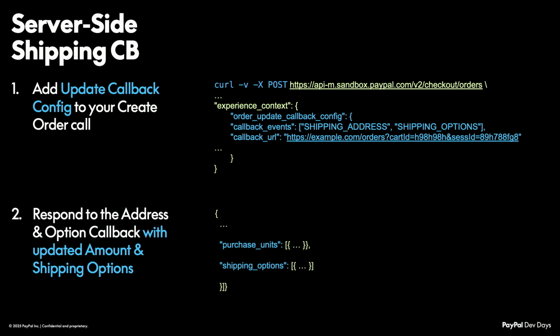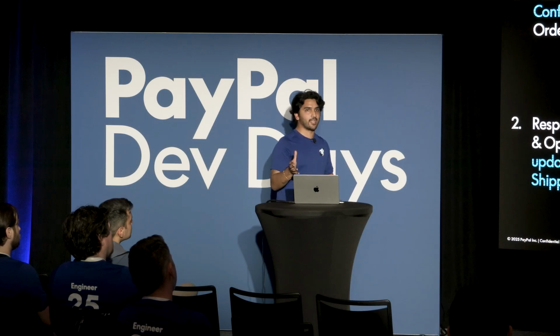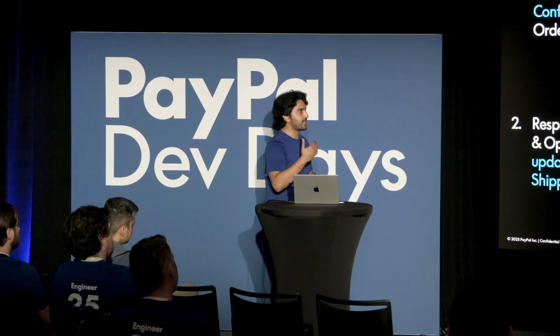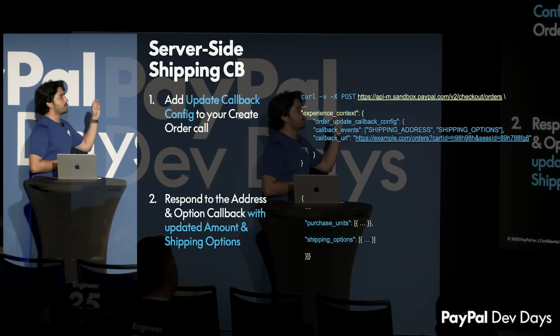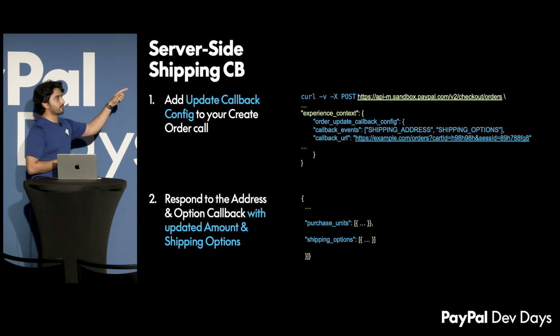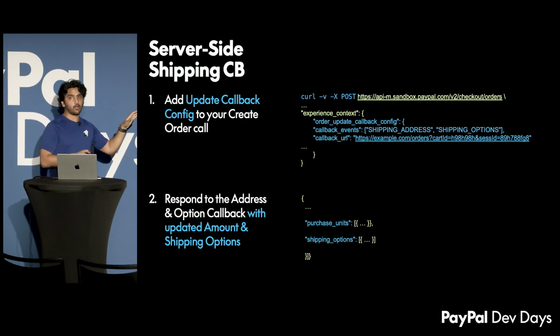So we've got shipping address callback as well as shipping options callback. We recommend not putting in shipping options callback if you're only displaying one shipping option. That will reduce the latency or any redundant callbacks to the merchant server. And then we've got the callback URL here. Now, this is the endpoint on the merchant server, which PayPal server will be sending the callbacks to.